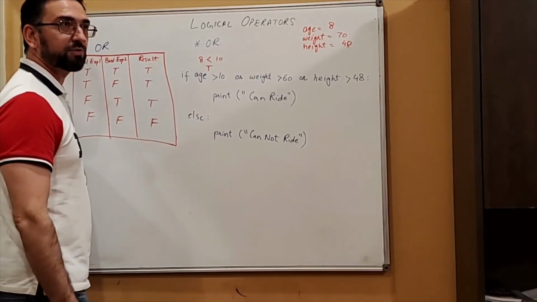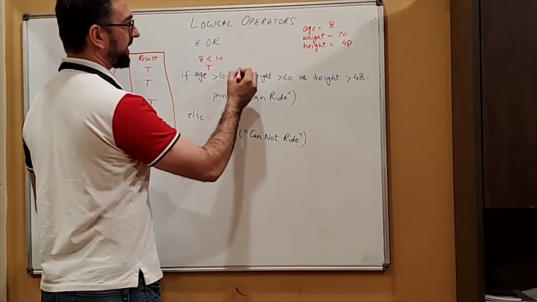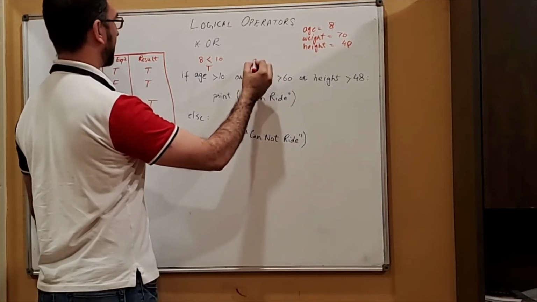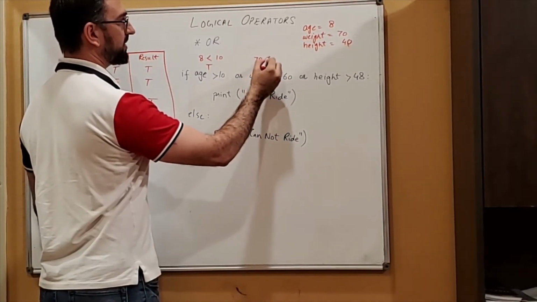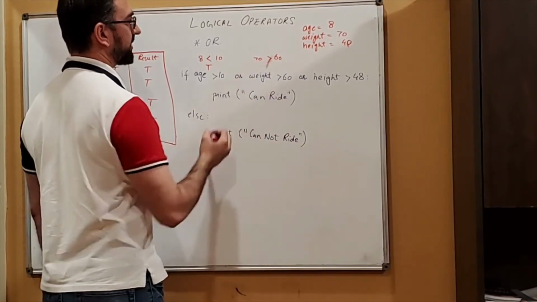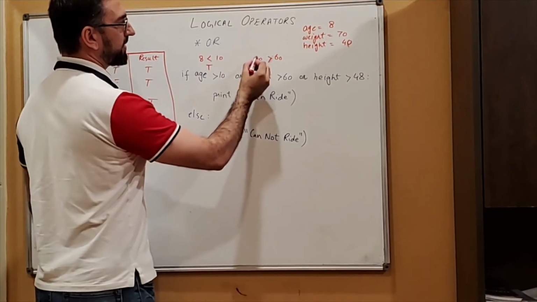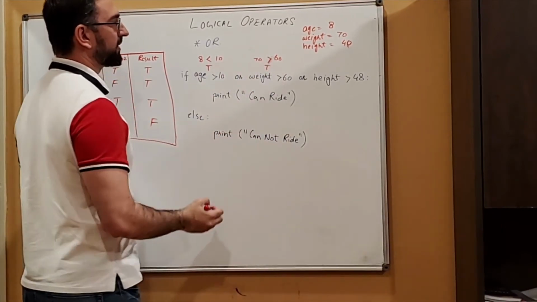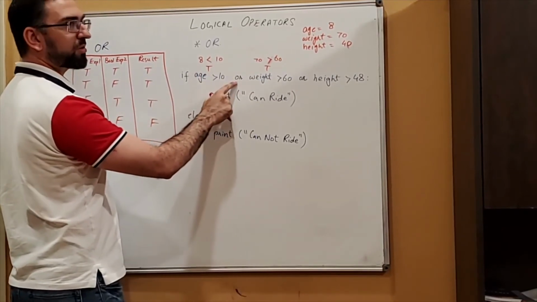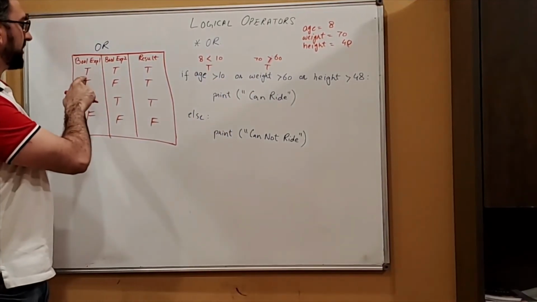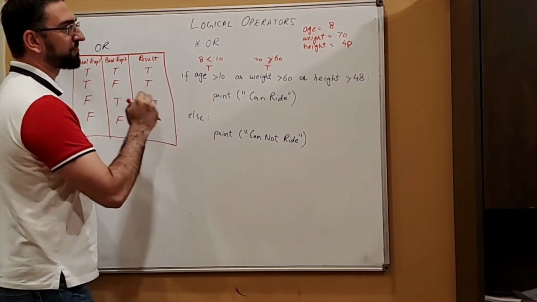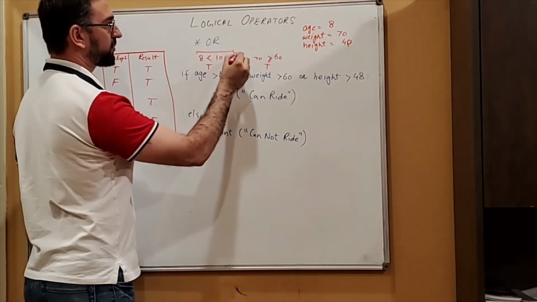So the result of this evaluation will be true. And now since there is an OR, it will go ahead and evaluate weight, which in our case is 70 is greater than 60. This evaluates to true. Now it will combine these two using the OR operator, which based on our truth table, true or true evaluates to true.